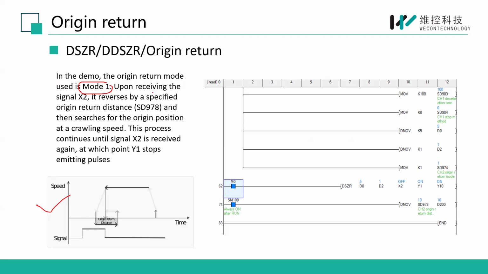And after the dog signal is activated, it reverses by the specified origin return distance, in SD because we choose Y0. And then it searches for the origin position at the creep speed. This process continues until the signal X2 is received again. It will stop Y1 and stop emitting pulses.